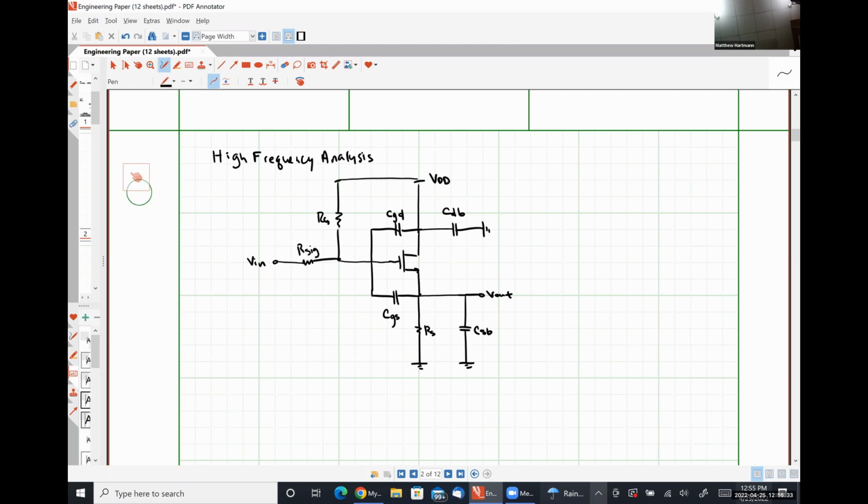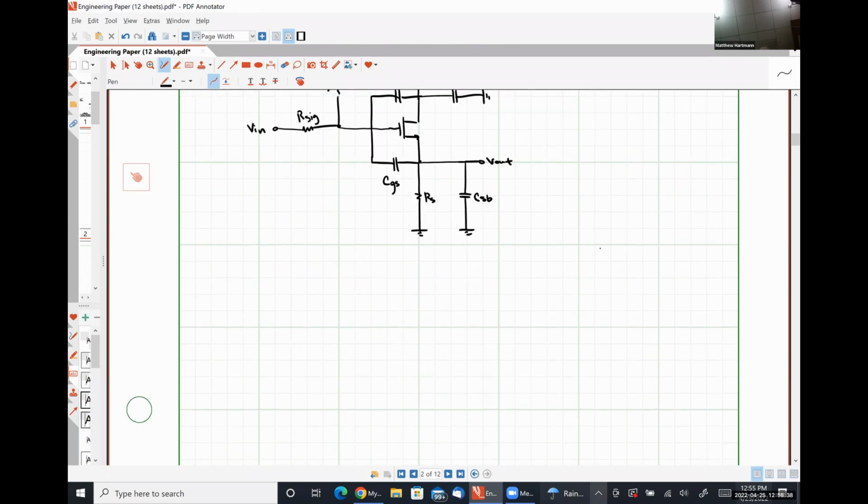Okay. So I'm going to redraw this for an arguably simplified look. So here's R sig. Here's RG. CGD.